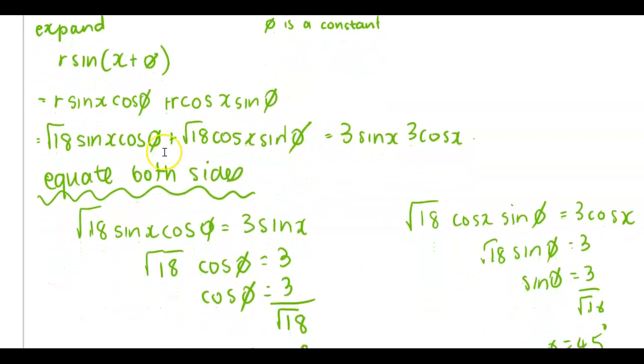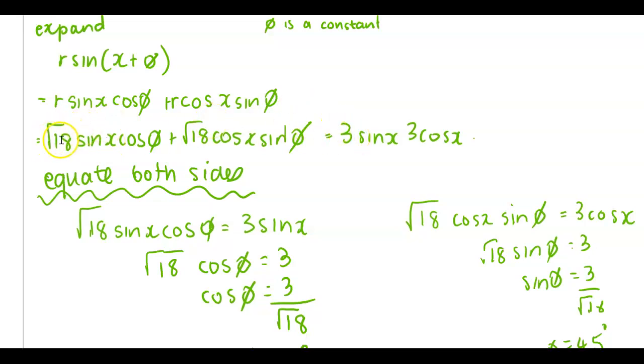And what I can see is that I've got a sine of x here, and I've got a sine of x here. Now, because this theta is a known amount, cos of theta is a constant, really, isn't it? So, root 18 cos of theta is the coefficient of sine of x, and that's going to be equal to 3.